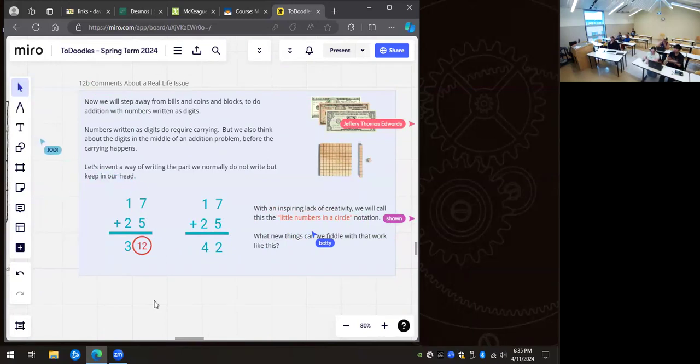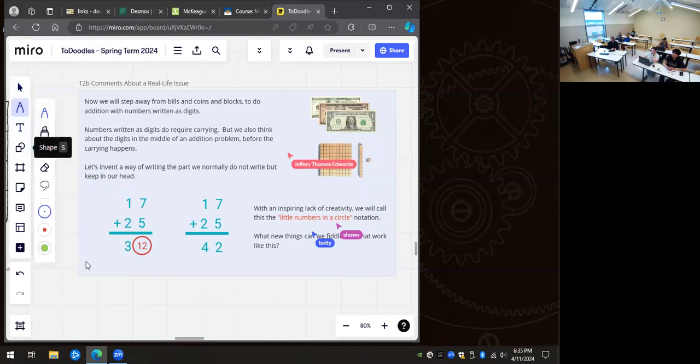Okay, we're gonna step away from bills and coins and blocks. That's what we've been doing for 3 classes so far. And I want to think about carrying and how to do that well. So first, I'm making a new notation just for the next few minutes, where I am writing the not carried number when adding.